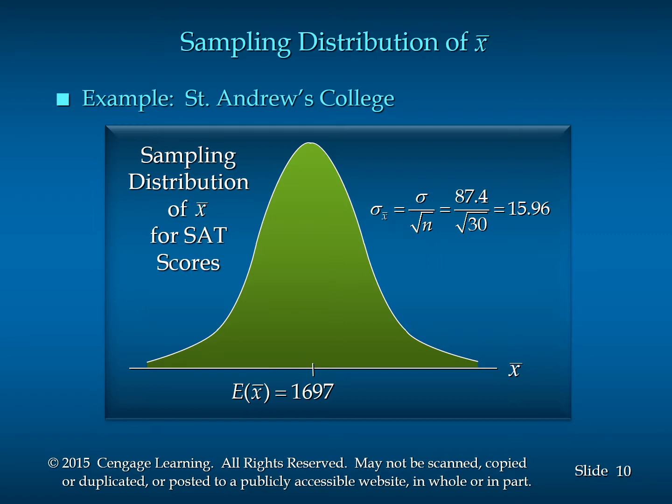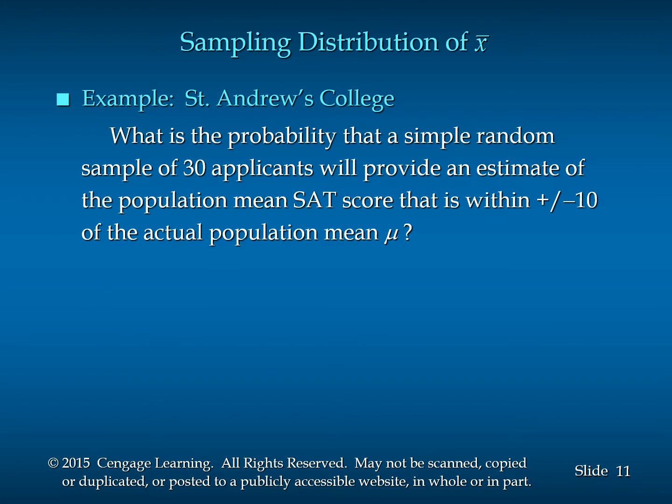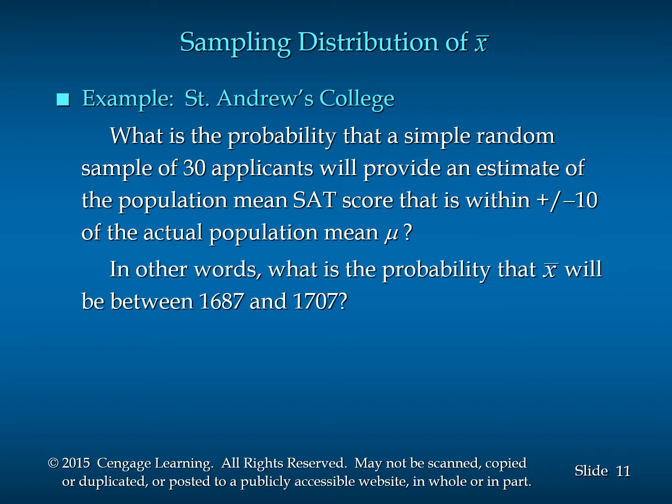Remember, from Chapter 6, if we have a normal distribution and we know the mean and the standard deviation, as we do here, we can use the standard normal z distribution to begin easily calculating probabilities for different intervals. So based on this sampling distribution of the mean, let's find the probability that a random sample of 30 applications will have a mean within plus or minus 10 of the population mean of 1697.